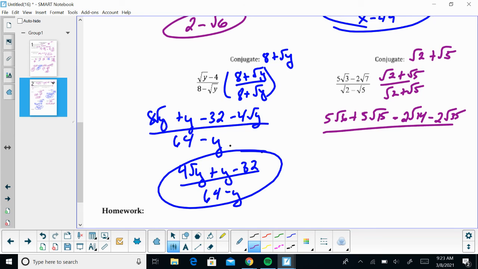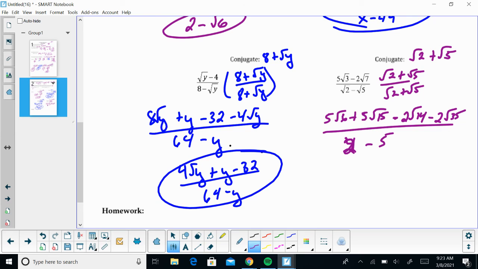On the bottom, we're going to have root 2 times root 2, which is 2, sorry. Root 5 times root 5, which gives me 5.